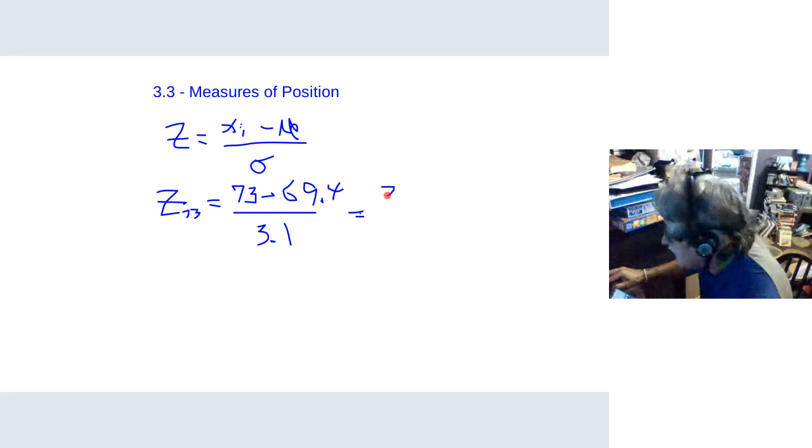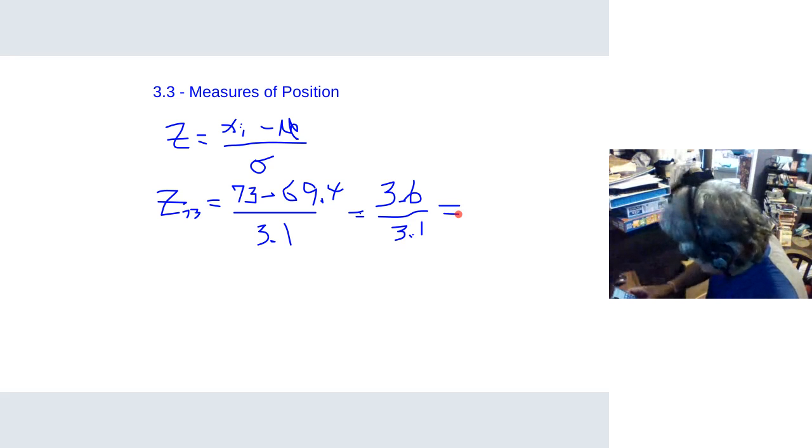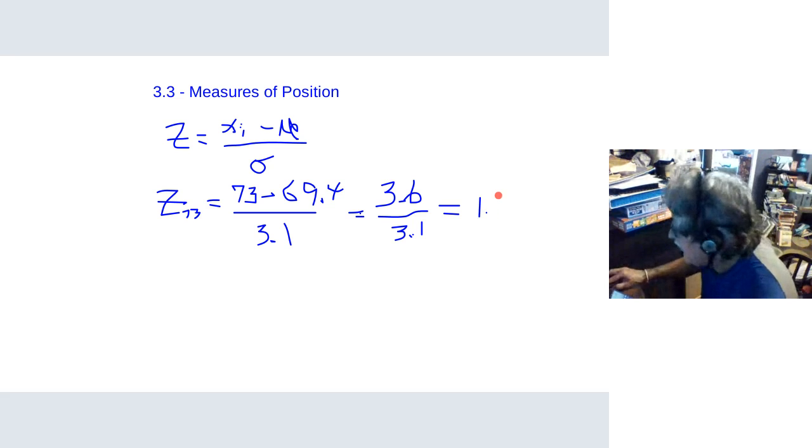Yes, Rocco. And then if we divide by 3.1, we get 1.16. Generally, you round your z-scores off to 2. So 1.16.